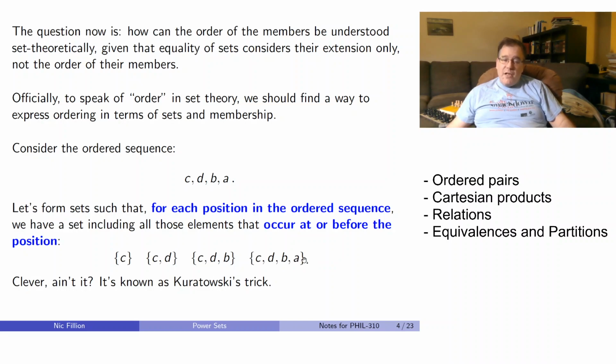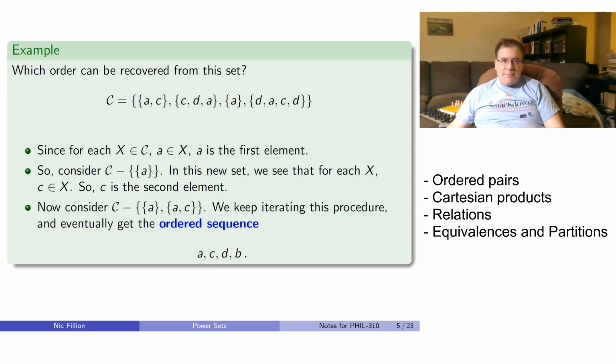And finally, we have the quadruple with A, which corresponds to the idea that A is the fourth element. And that's kind of clever. That's known as Kuratowski's trick to introduce the idea of ordering in set theory.